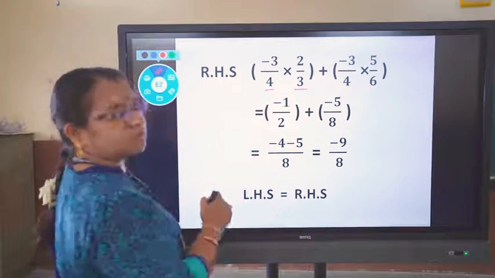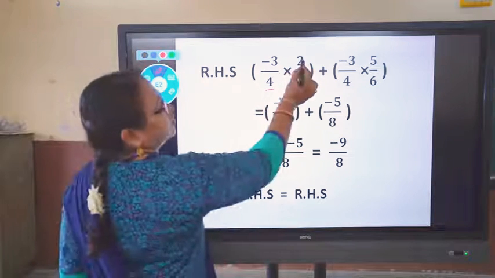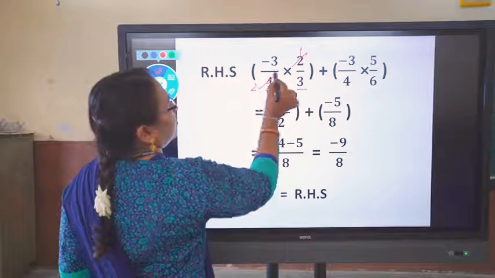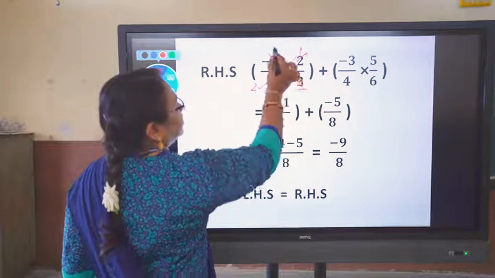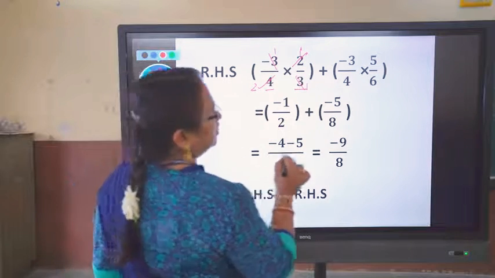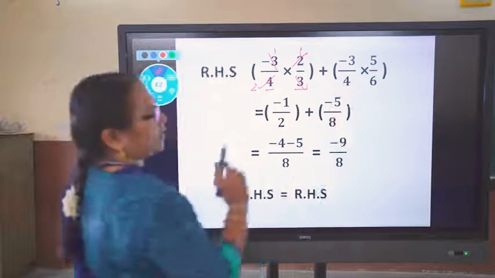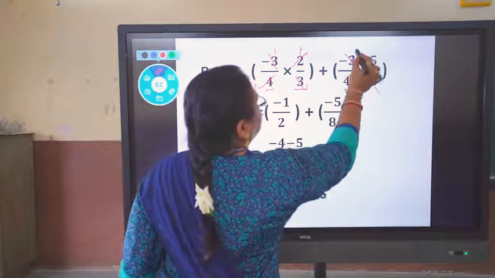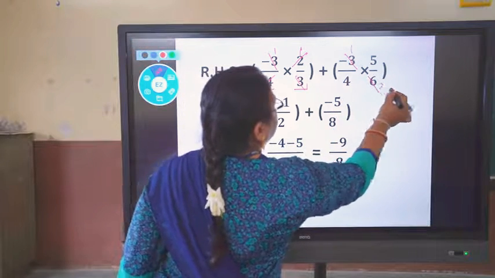Before that we have to simplify the numerator and denominator. Clearly here we can see 2 1s are 2 and 2 2s are 4, and this 3 and 3 will get cancelled. 3 1s are 3, 3 1s are 3, and here there is no common factor. Here 3 and 6, the common factor is 2, so 3 1s are 3 and 3 2s are 6.